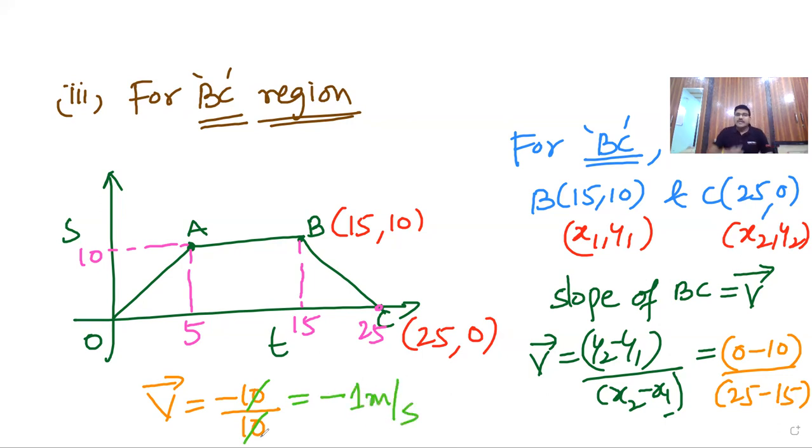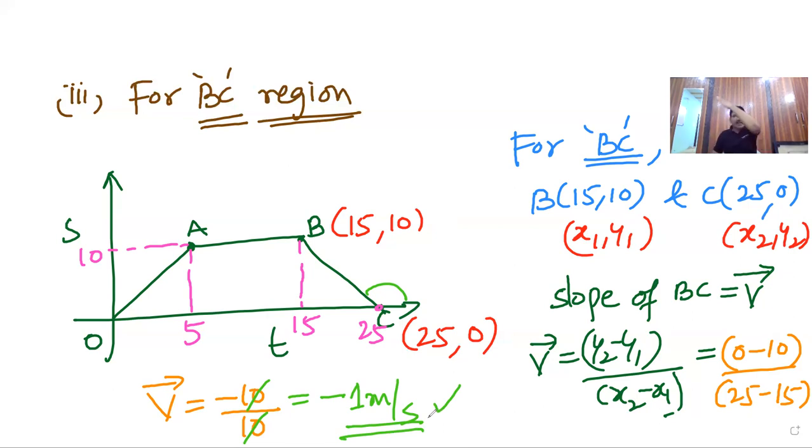Be careful. This is the line. In the previous class we have seen, the slope is negative. Look at this angle with the positive x-axis. Theta is more than 90 degrees. Slope is negative. Whenever there is a negative slope, there is negative velocity. We have seen in the previous session, negative velocity means falling.